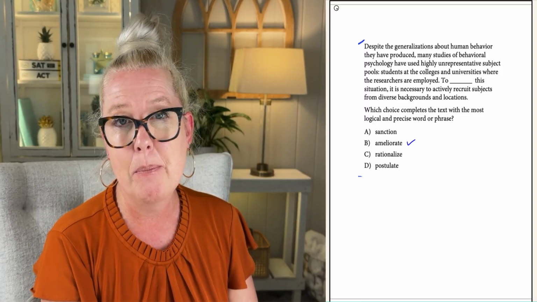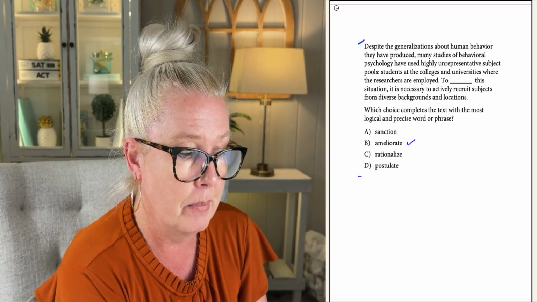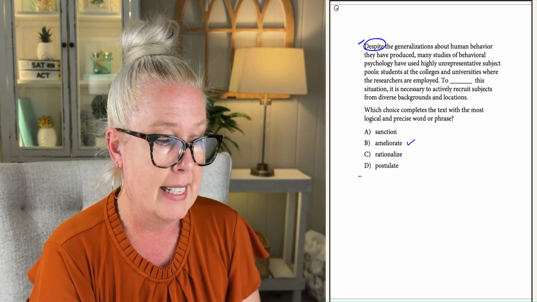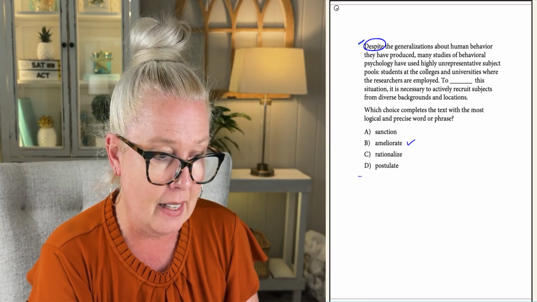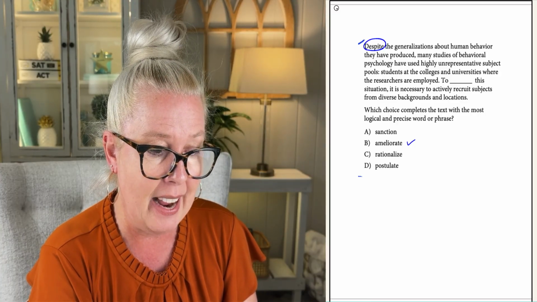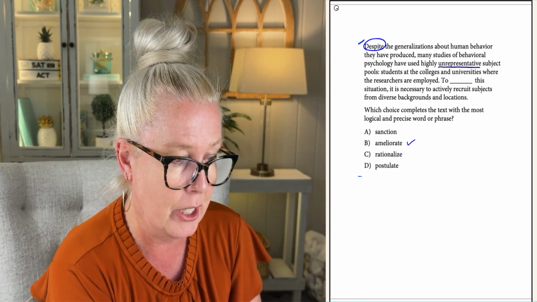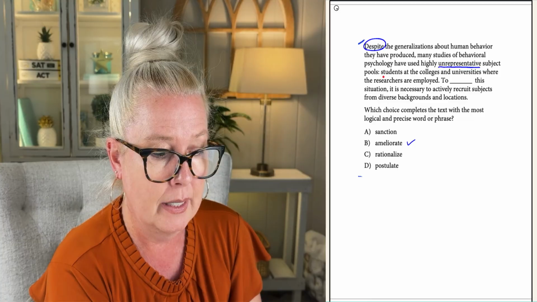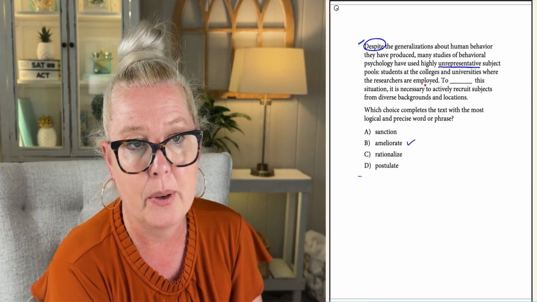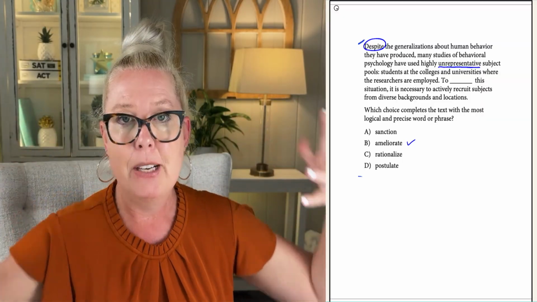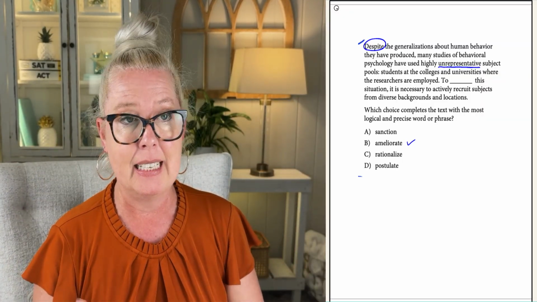So let's go in. I'm going to mark some things as we read it if I feel like we need anything. Despite, oh, negative word there. Despite the generalizations about human behavior they have produced, many studies of behavioral psychology have used highly unrepresentative subject pools, students at the colleges and universities where the researchers are employed. So I would pause there and just make sure students wrap their mind around this part before we go past the blank.